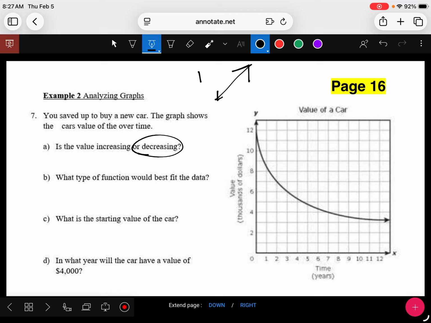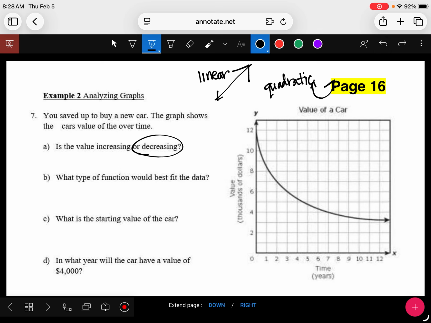This is what a linear graph would look like. It's a straight line. And if it was a quadratic, it would look more like a smile. So this graph, going back to the beginning of chapter 5, is an exponential graph. And it looks like the asymptote is at about 3.